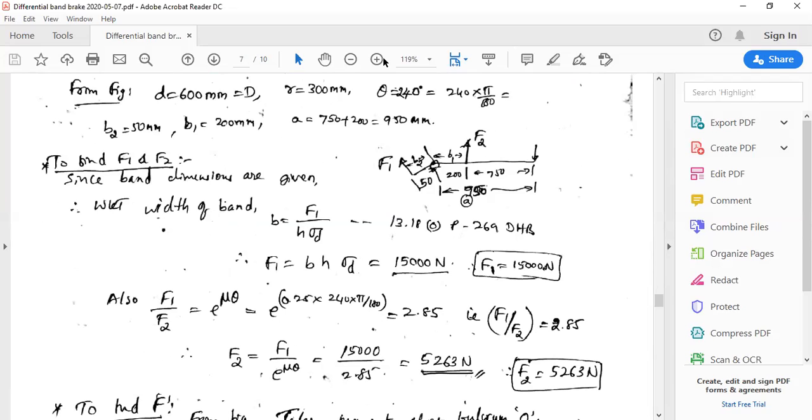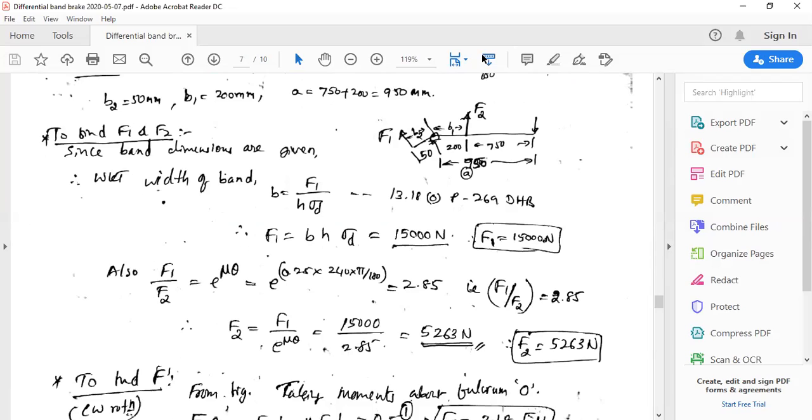The band dimensions are given, so with the help of the dimensions of the band, we can directly go to step number 5, where the design of the band is to be carried out. So directly consider step 5, because we can use this step to calculate F1 and F2 directly, since the dimensions of the band are given.